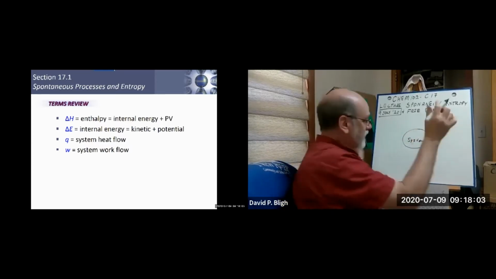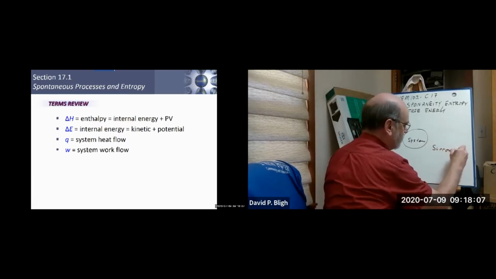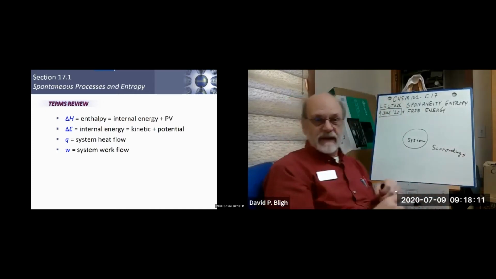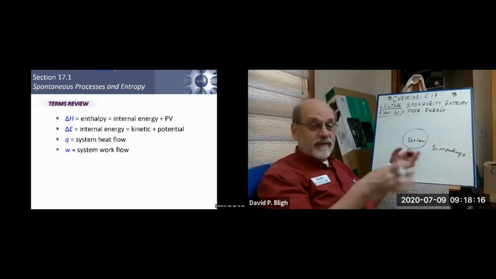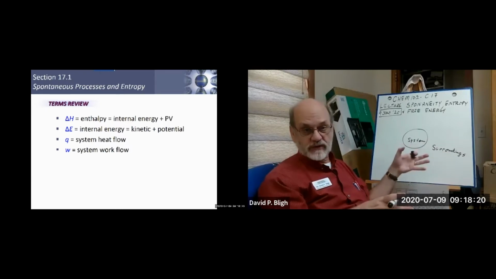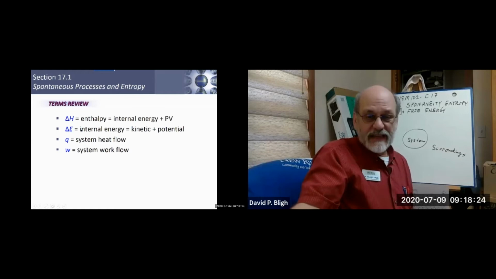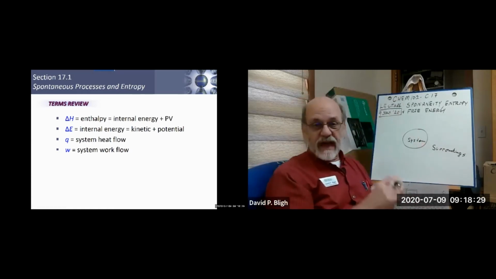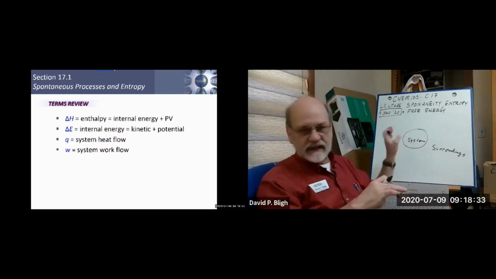Right? And everything else is surroundings. Okay? And we can describe our system and its relationship to surroundings with these terms. Right? So delta E is the total internal energy of the system, and that includes all the kinetic energy, all the potential energy that's contained in that system.